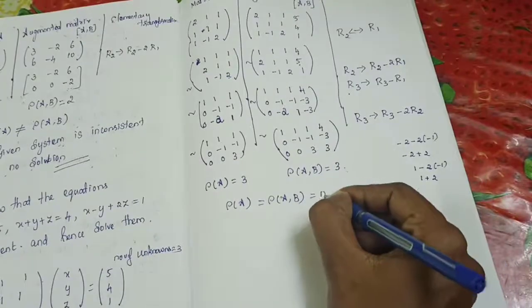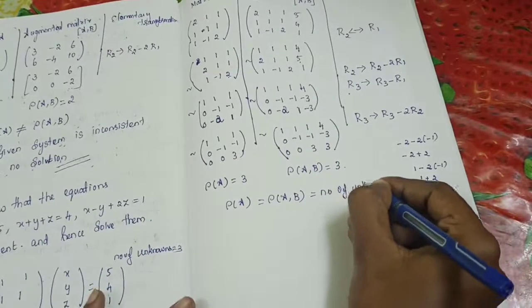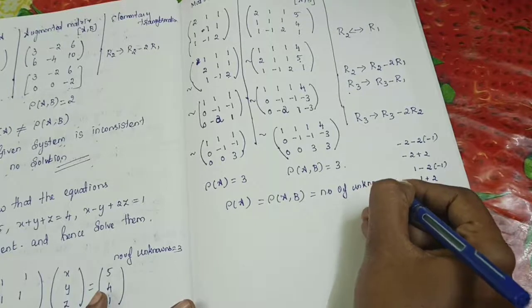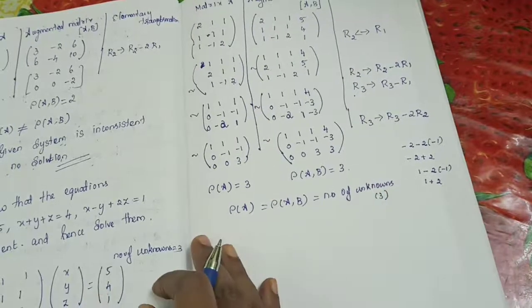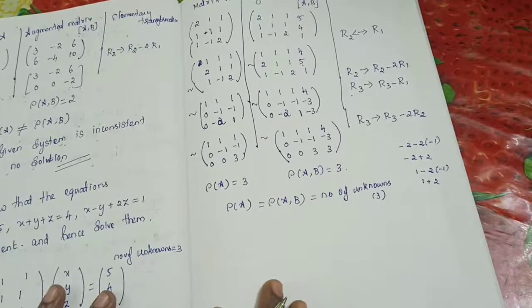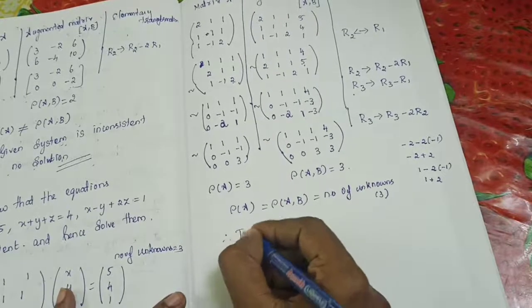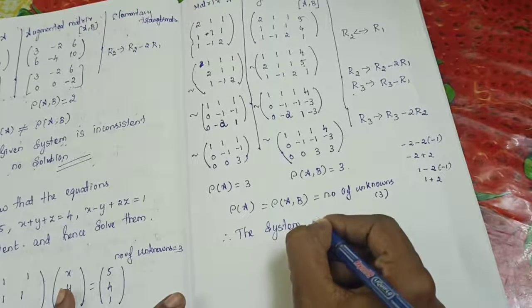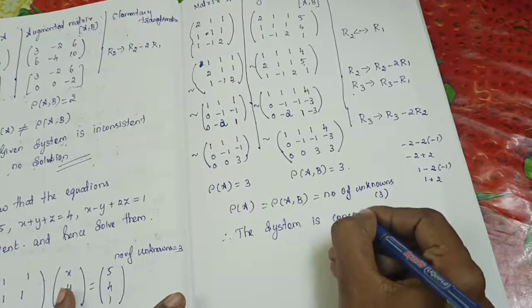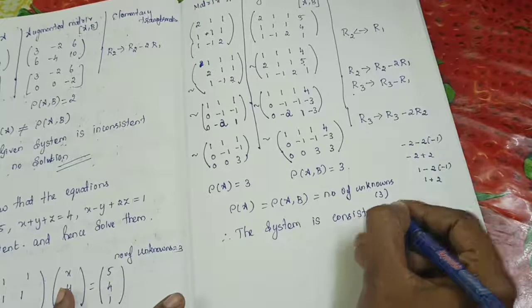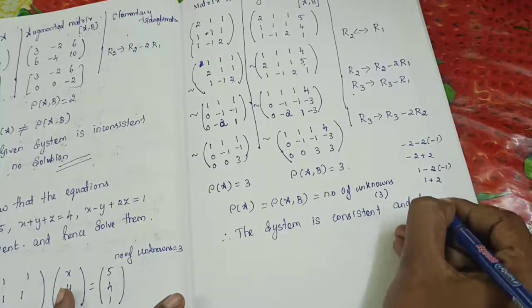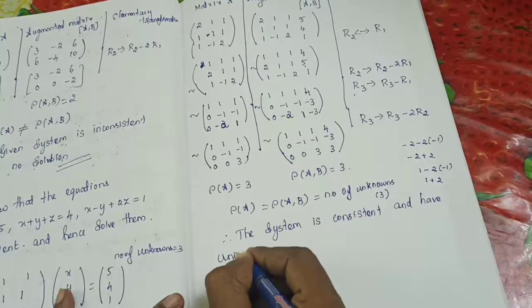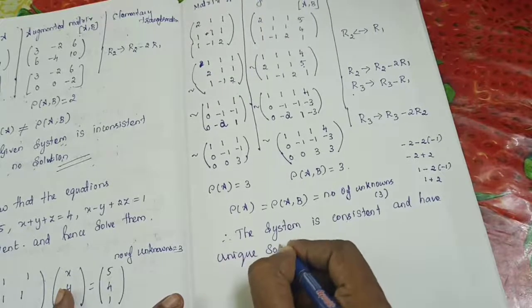Both also equal to number of unknowns means the system is consistent and has a unique solution. Understand?